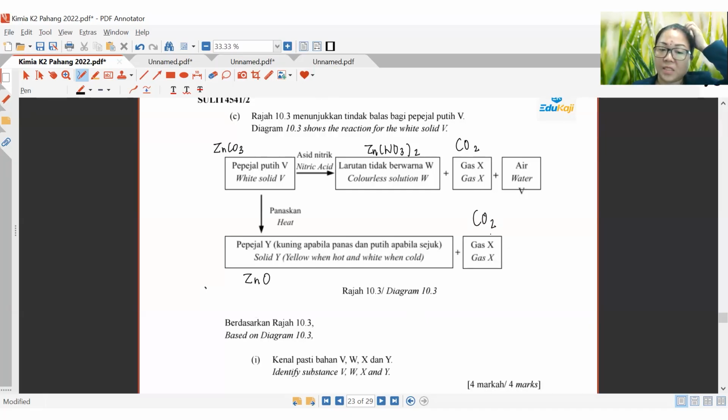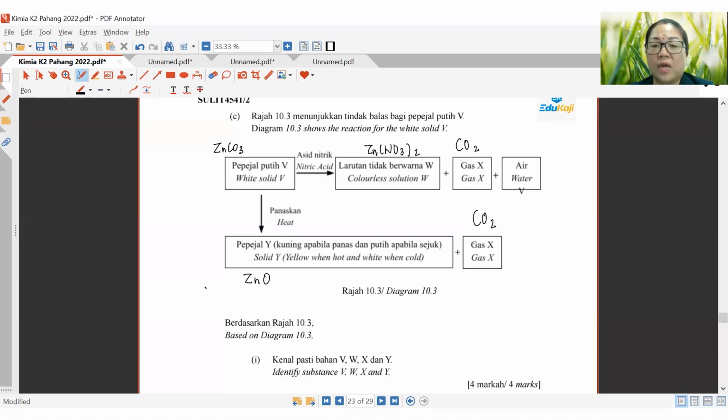Now, based on diagram 10.3, you must be wondering, how did I know? Of course I know because I've been teaching for so many years. But sometimes when it comes to this type of diagram, you need to catch certain special characteristics, like yellow when hot, white when cold. Definitely zinc oxide. There's no other salt we learn that changes color when it becomes cold, except lead.